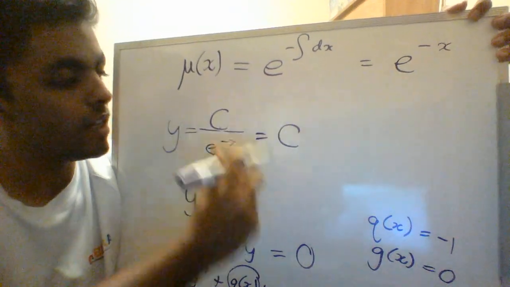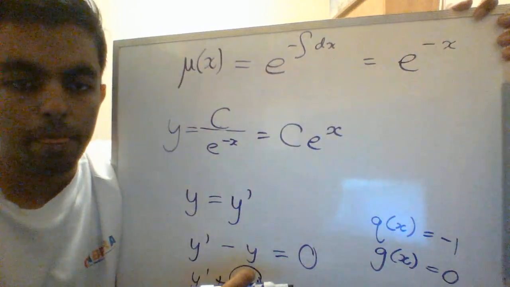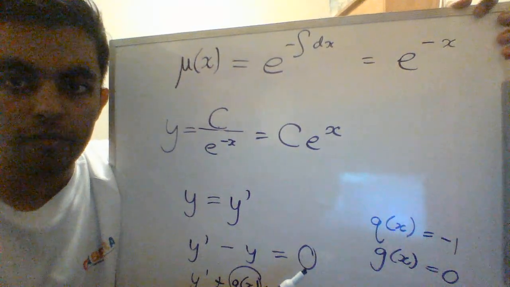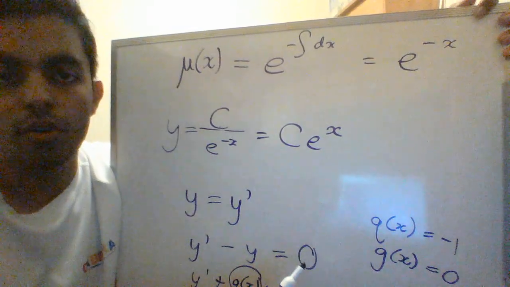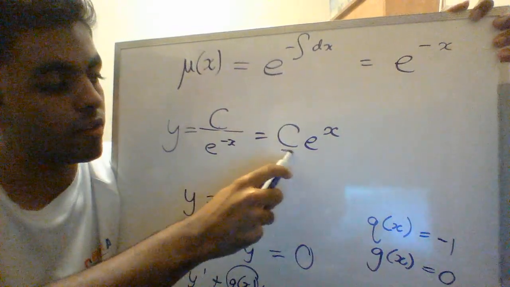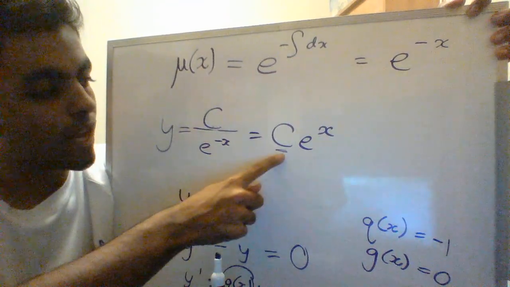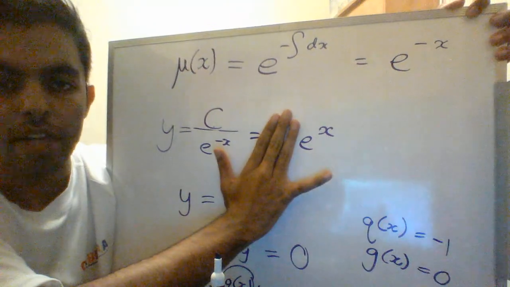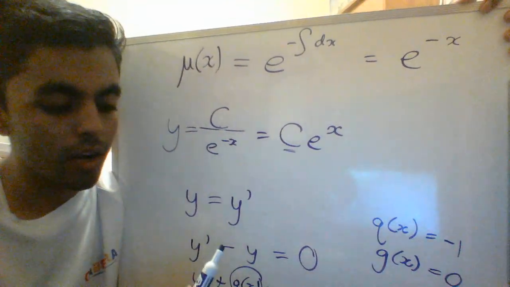And so you keep the c in the numerator, and then you just make it e to the positive x. And try it out yourself. If you put in y being e to the x, or e to the x with some numbers sticking out in front, it should work out for you. For what we tried, we kept c as just 1, and then your answer was just e to the x. I'm almost out of time here, so I hope that makes sense.